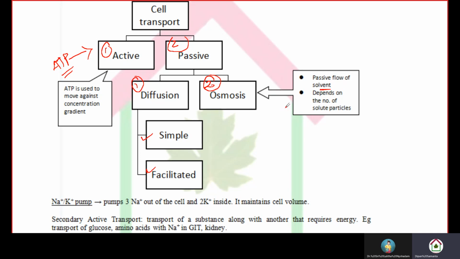It depends on the number of solute particles. Another thing is the sodium-potassium pump. Always remember, we have done it already, that it pumps out 3 sodium ions from the cell and pumps in 2 K+ inside the cell. It also helps in maintaining cell volume.